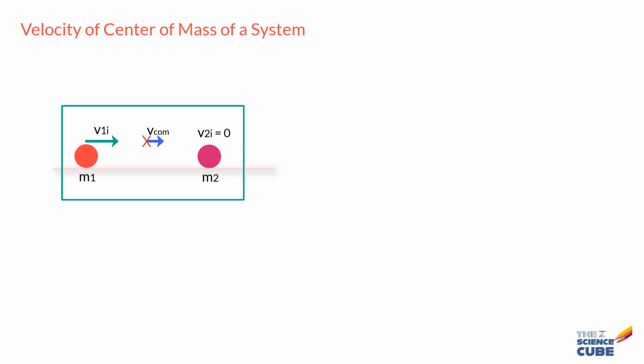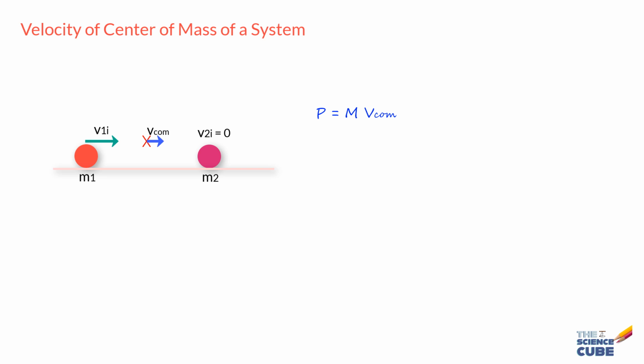And to get the expression for V center of mass, consider the same two-body system. We can connect the V center of mass to the total linear momentum P of the system by writing P is equal to m times V center of mass, which can be written as (m1 plus m2) times V center of mass, or V center of mass is equal to P upon (m1 plus m2).